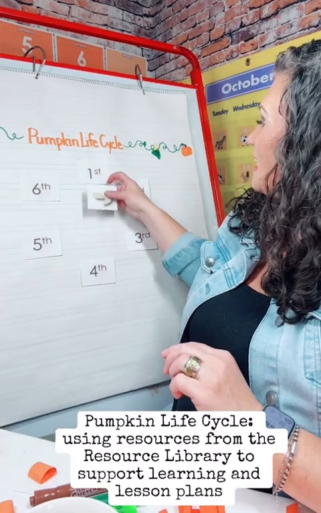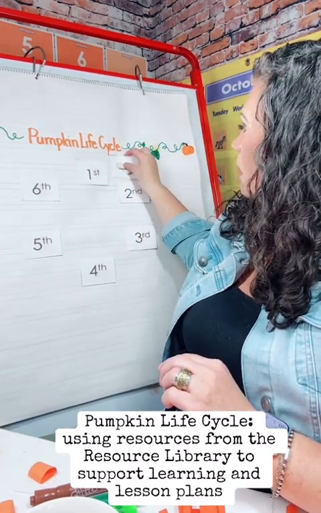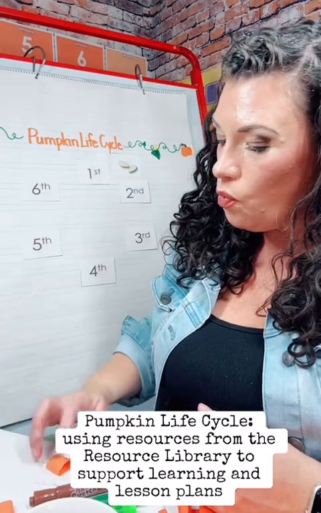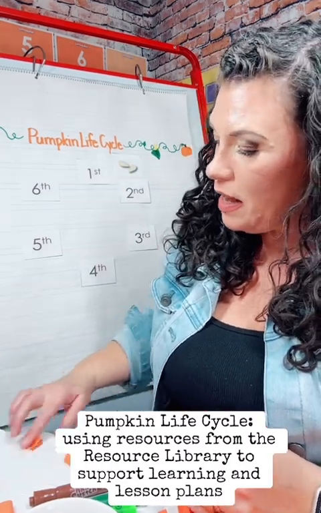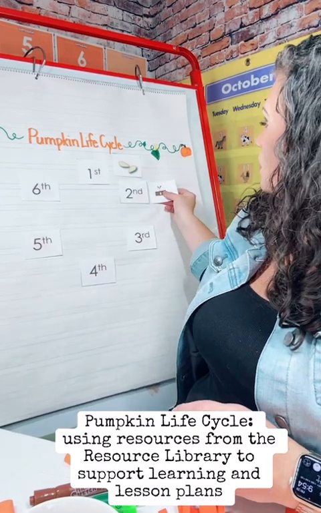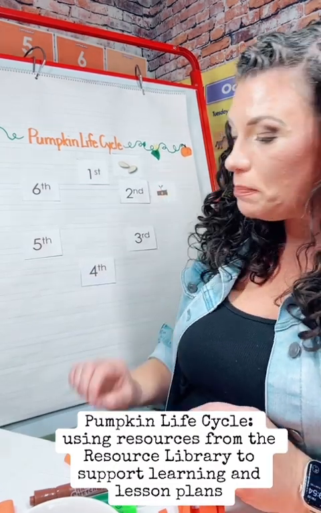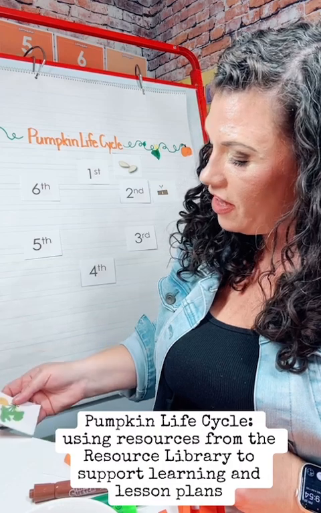Now I'm going to ask questions like, who remembers what comes first? Right, it's the seeds. The seeds come first. What happens after the seeds? We see a pumpkin sprout. After the sprout, we're going to have a pumpkin plant.